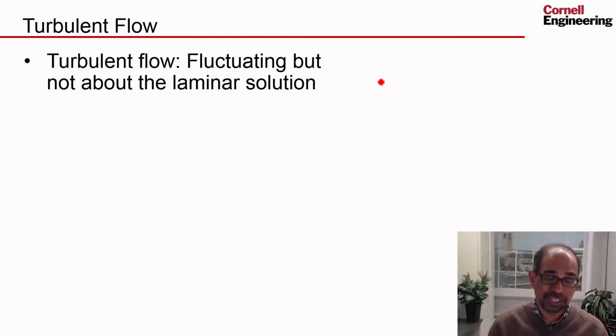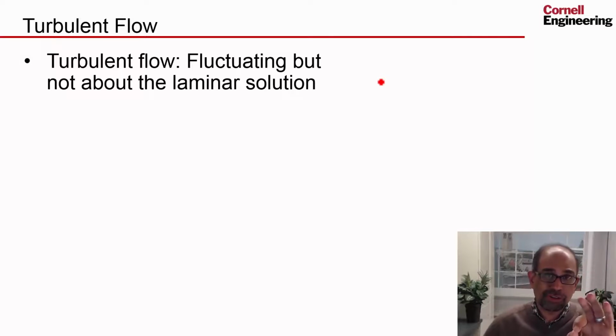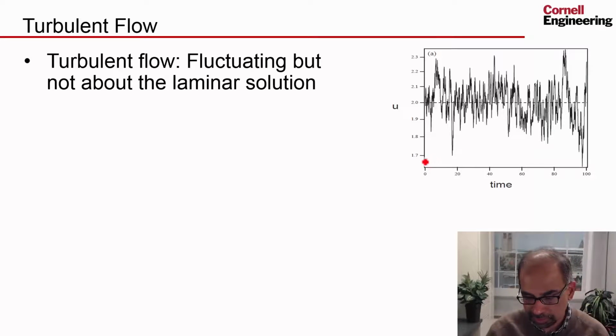fluctuating. You get fluctuations in velocity and pressure, but those fluctuations are not about the laminar or non-turbulent solution. If I go to any particular point in the flow and track, let's say, the velocity u versus time, I'll see something like this: a random variation in time with significant variations.